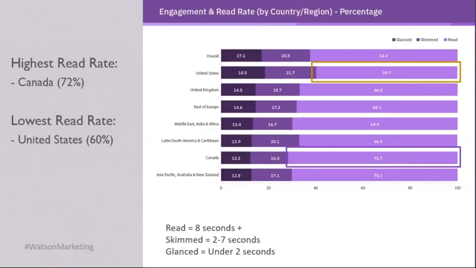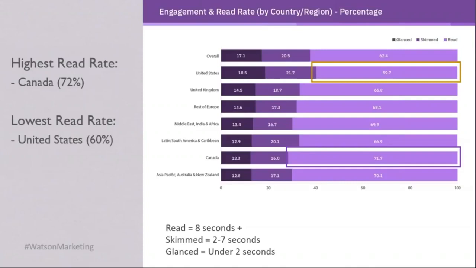But obviously in most cases, not always, you want people to engage with your message longer, right? So understanding how long they're spending with their email can be a very important metric around engagement. If people are spending more time in the message, that should be a good thing.